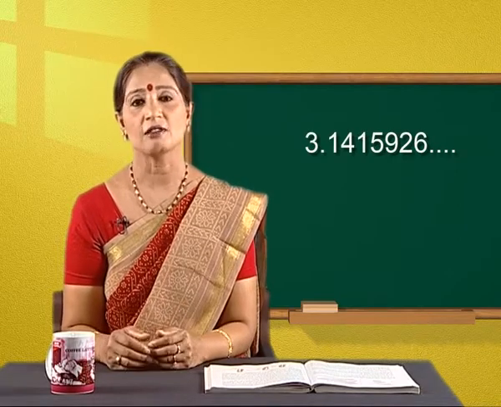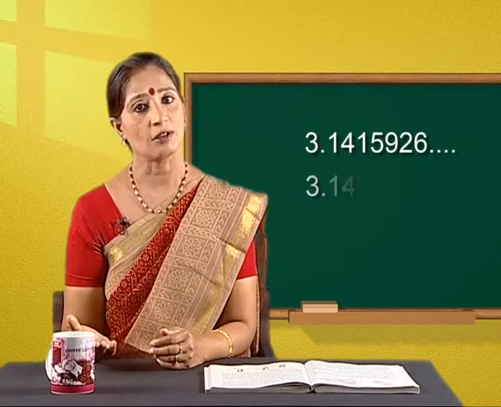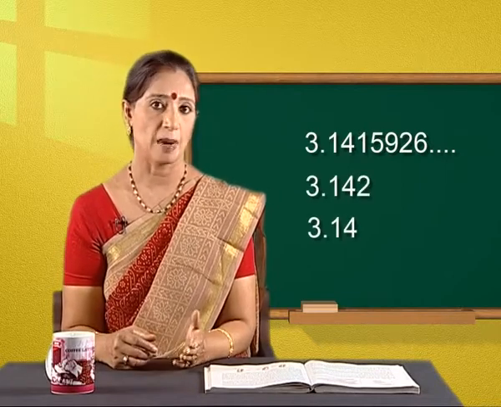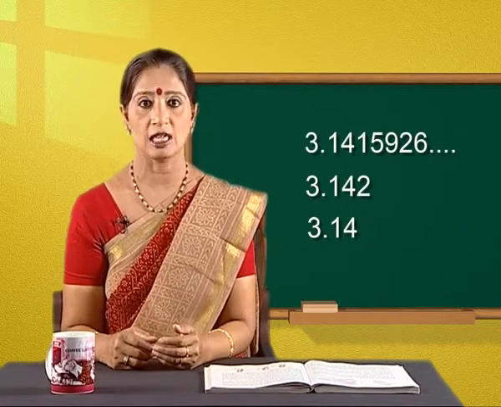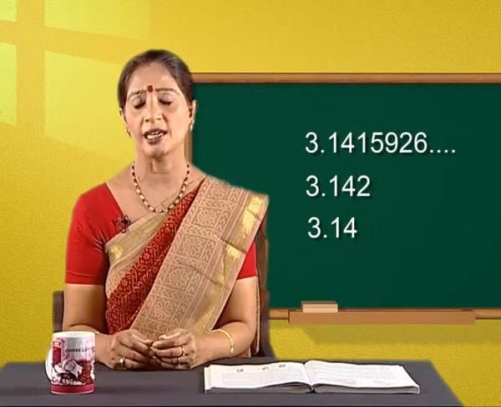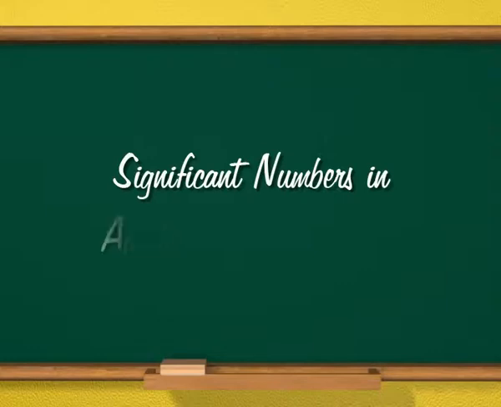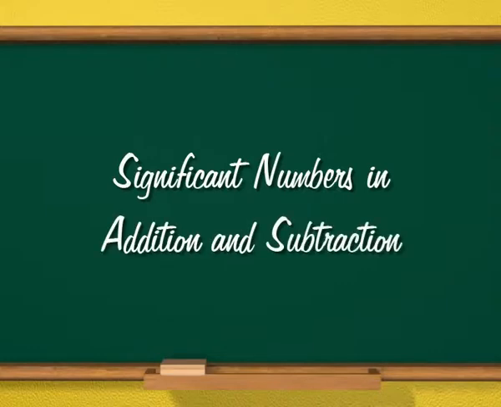We may take the value as 3.142 or 3.14 for pi with limited number of significant figures as required in specific cases. Let us continue with the significant figures in addition and subtraction.